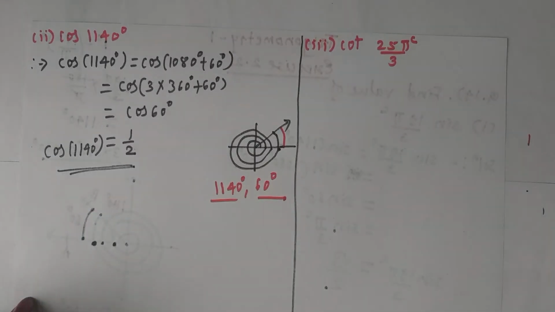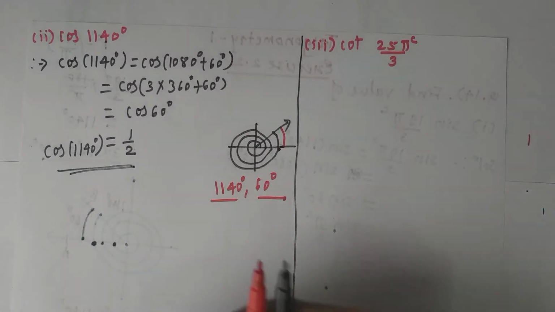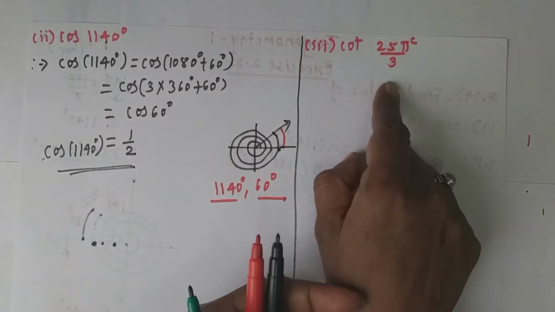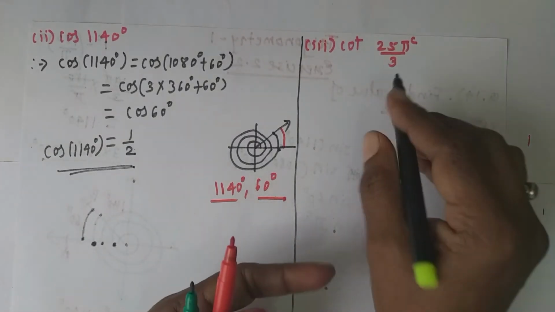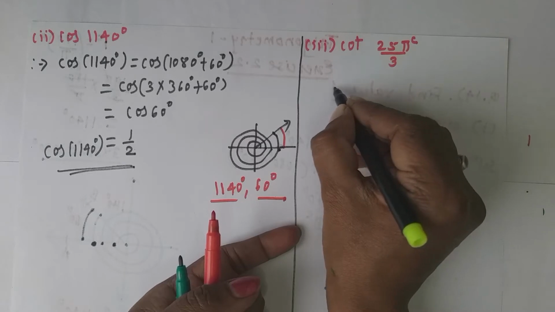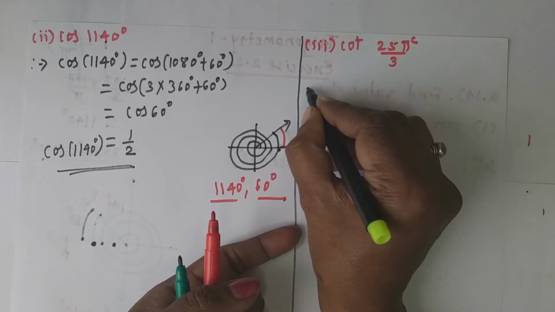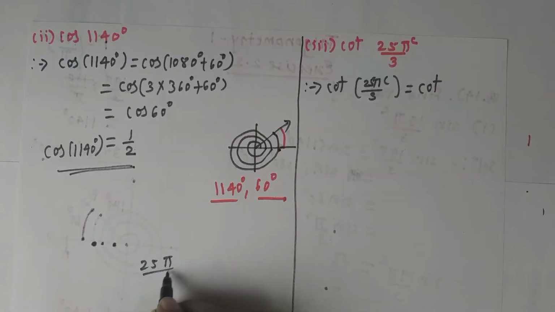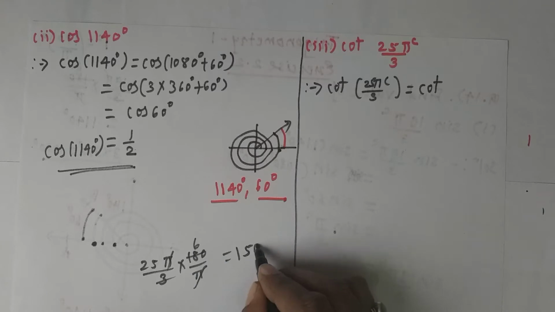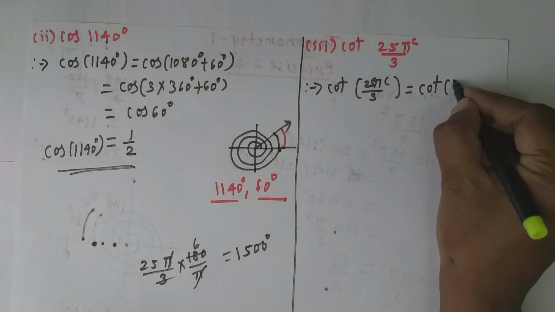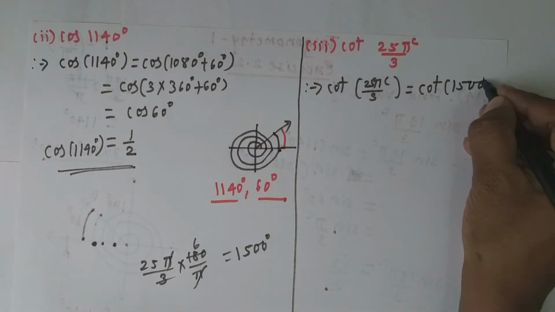Okay, let's see the next problem. The third problem is find the value of cot 25 pi divided by 3 radians. First you convert this 25 pi divided by 3 into degrees. You multiply 25 pi by 3 into 180 by pi. The pi will get cancelled and this is nothing but 1500 degrees.